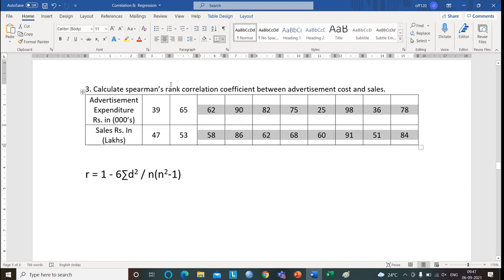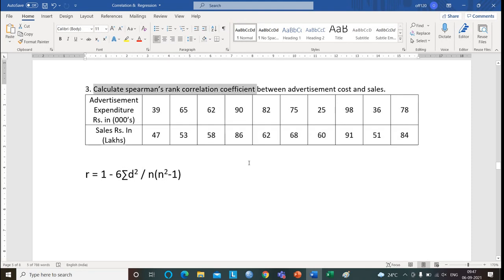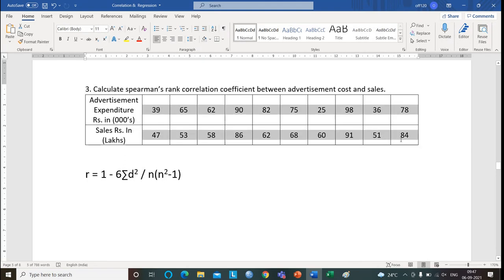See the concept here. To find Spearman's rank correlation coefficient, we should get the values in ranks, but here we have values. By seeing these values, we can say that these are not ranks, because the values should always start from 1, even if jumbled.